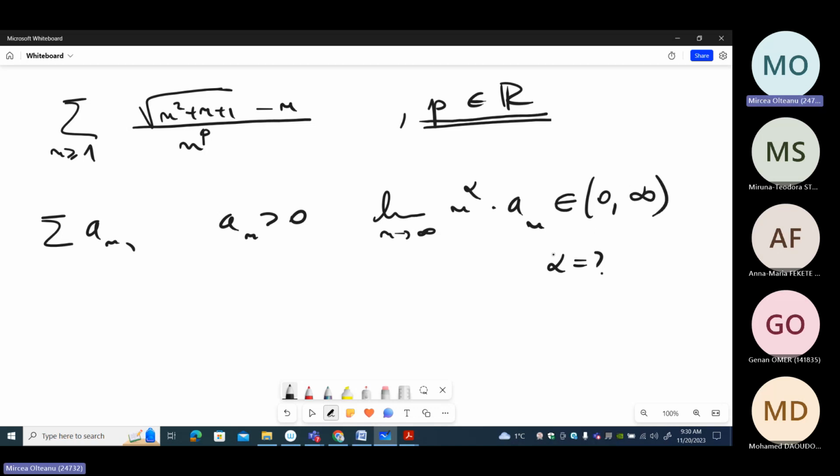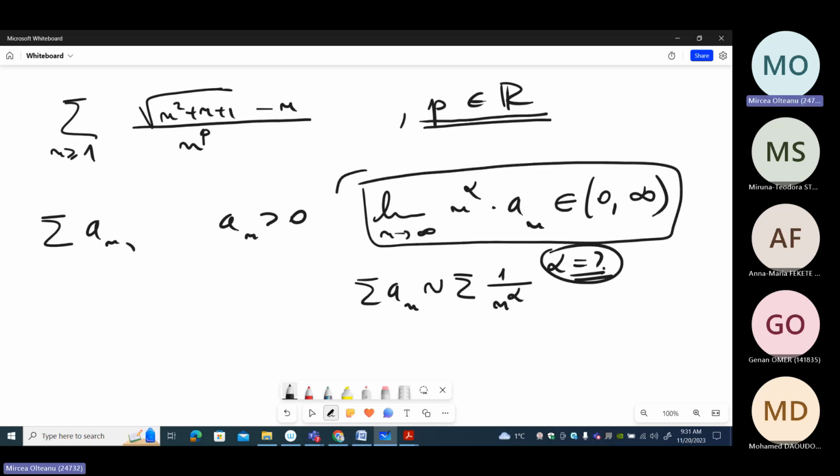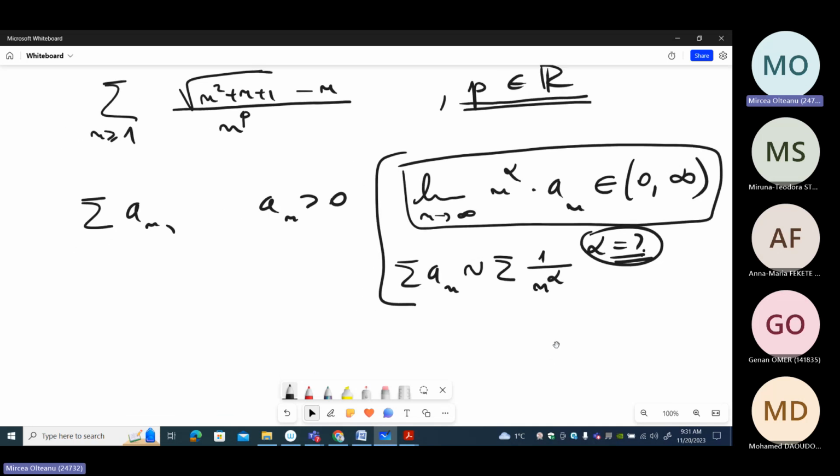If we find such an alpha, the exercise is over, because in that case our series has the same nature, so they are both convergent or both divergent, as the corresponding Riemann series with the appropriate alpha you found here. This is the limit test. Okay, how to apply it here?